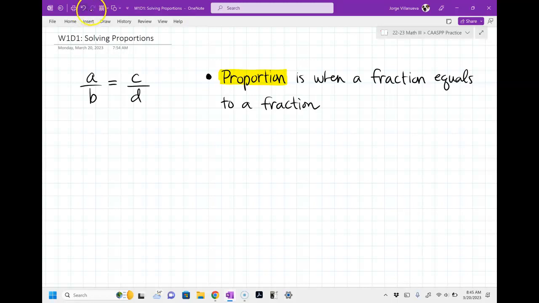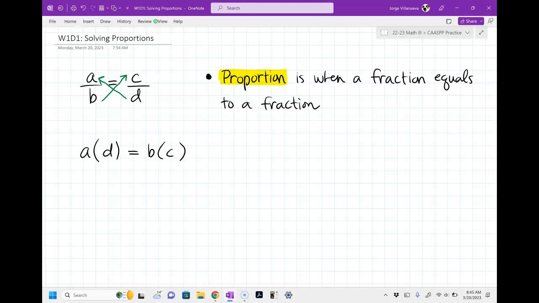So you're going to multiply A times D equal to B times C. So you're going to go diagonally, like that and like that.